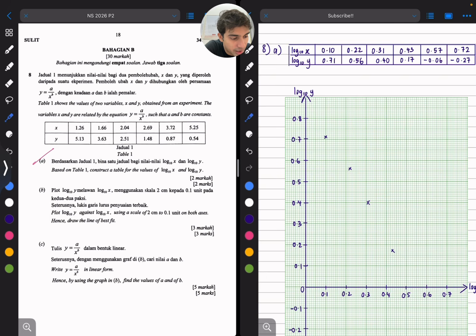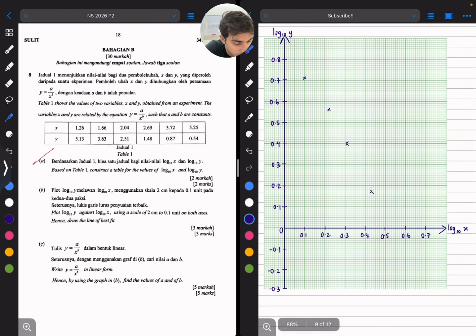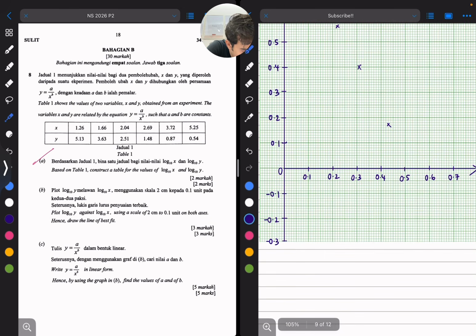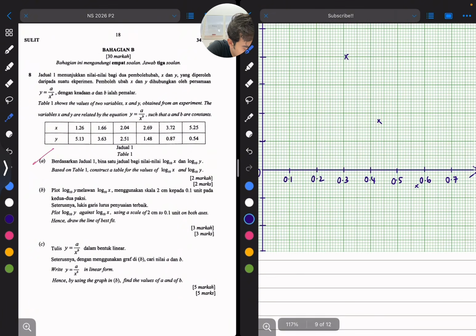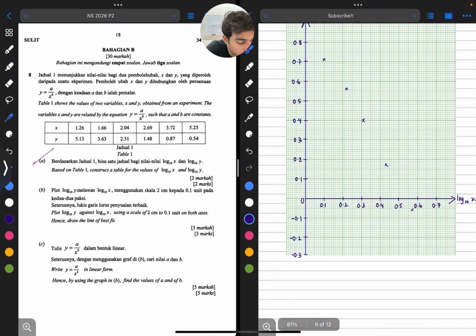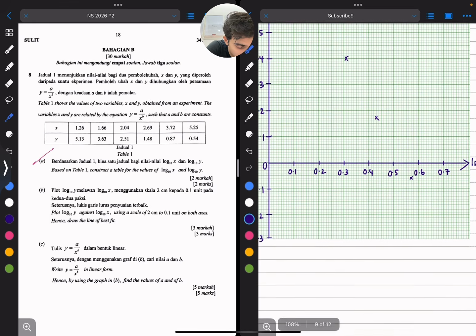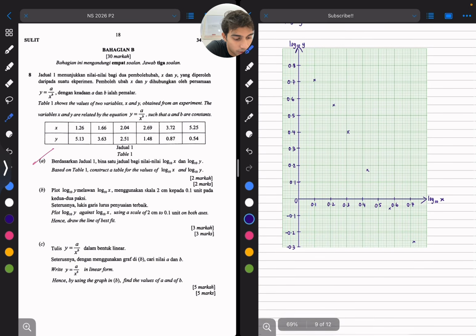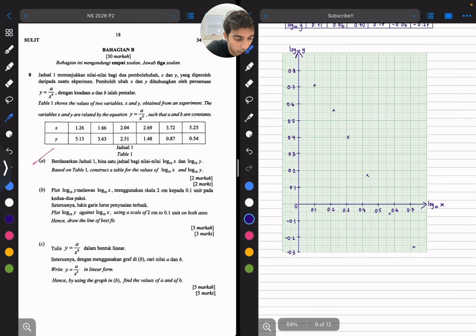Then we have 0.57 and negative 0.06 here. Yeah, and then 0.72 and negative 0.27 here. All right, so this is our graph.